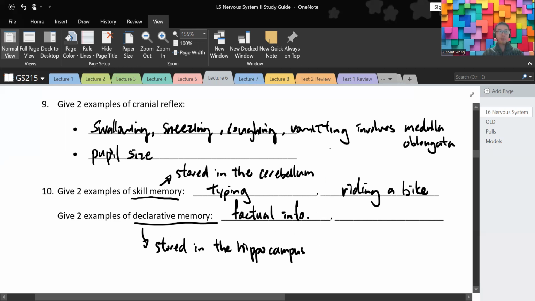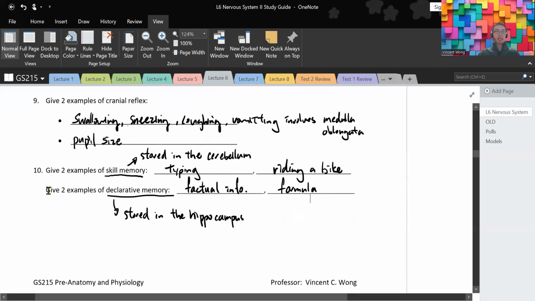You might have some formulas in chemistry or in math, that's declarative memory. Do you guys understand? So skill memory is highly persistent. Once you've learned it, it's staying there. Declarative memory is the opposite. It's stored in the hippocampus, which is not so permanent.